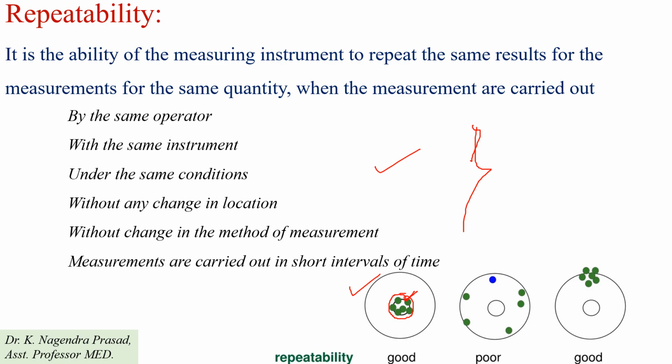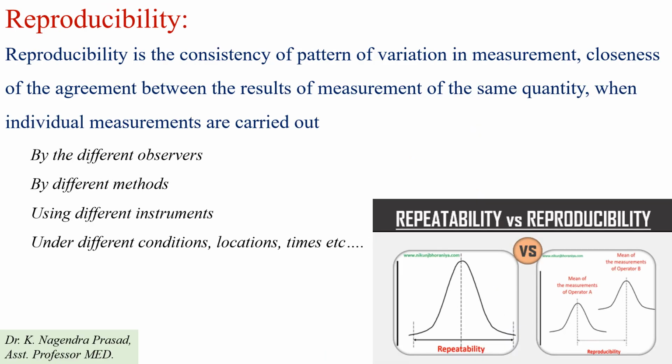In the second one, we observe that the output results are different at different times of measurement. Now we call this instrument one with poor repeatability. Then I observe another one, which is also producing close results, so this instrument also has good repeatability.